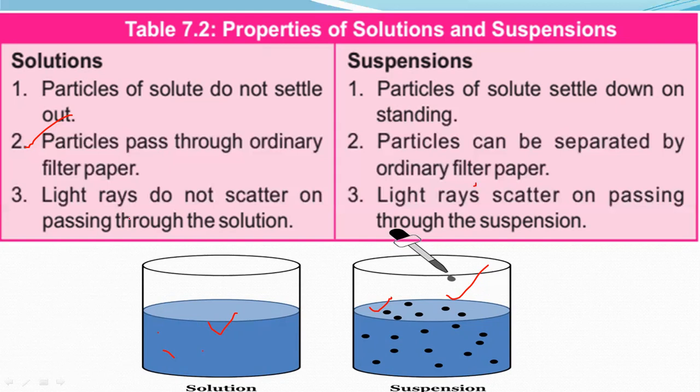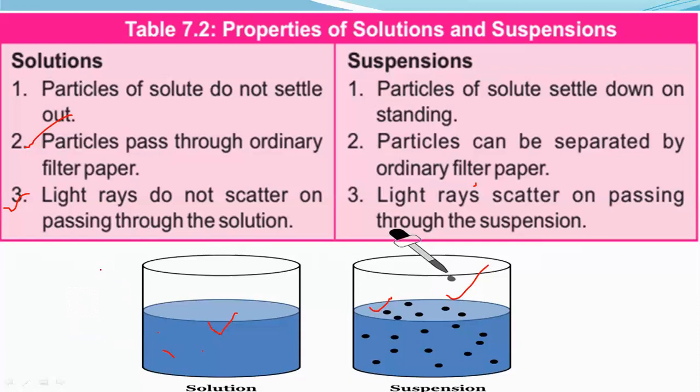Okay, the next one is light rays do not scatter on passing through the solution. How does that happen? Scatter means to spread, because the solution is clear.